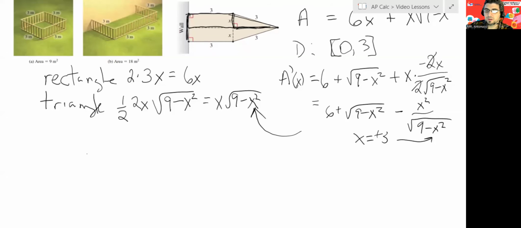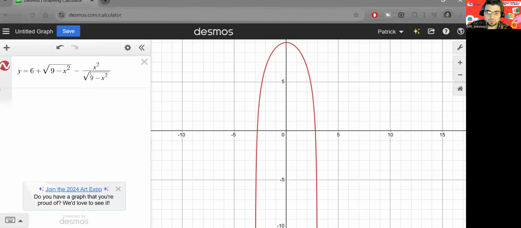So one of the easier things you could do in this situation is graph the derivative, and I'll show you here. So we're graphing this, and the critical number, where the derivative is equal to 0, is 2.79181.